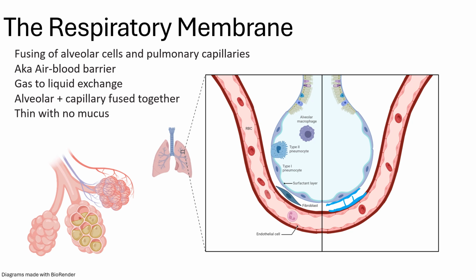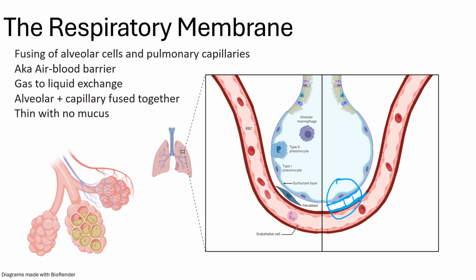This right here that I just diagrammed is what is called the air-blood barrier. We want our air-blood barrier for the respiratory membrane in our alveoli to be as thin as possible, right? And with no mucus. I want my oxygen and carbon dioxide to travel the smallest distance possible.